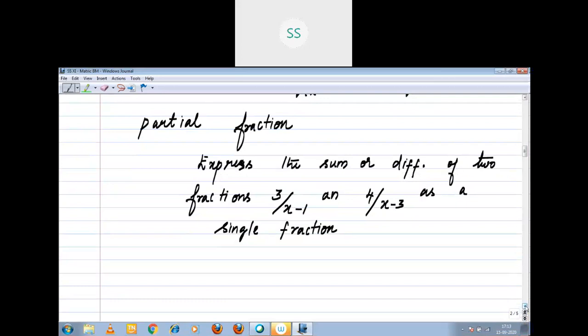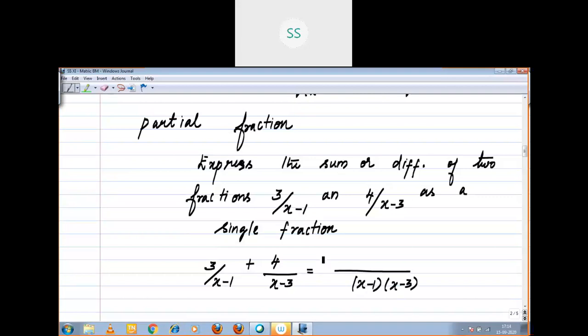Fraction. How to write partial fraction? First, I am going to explain the sum. 3 by x minus 1 plus 4 by x minus 3 equal to, you have to take the LCM, x minus 1 into x minus 3. Then 3 into x minus 3 plus 4 into x minus 1 equals 3x minus 9 plus 4x minus 4, divided by x minus 1 into x minus 3.